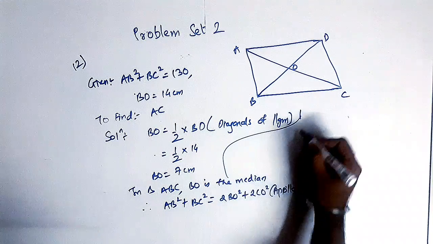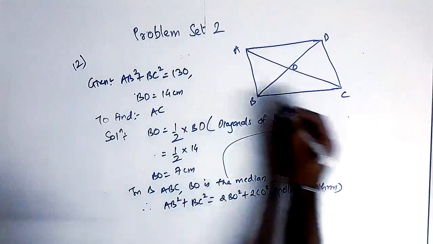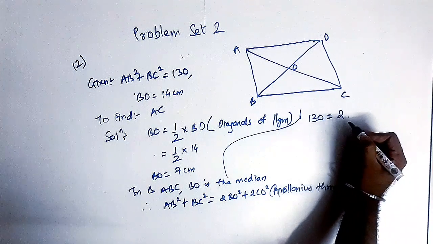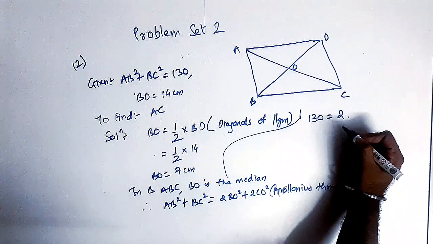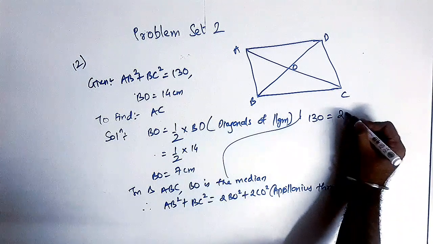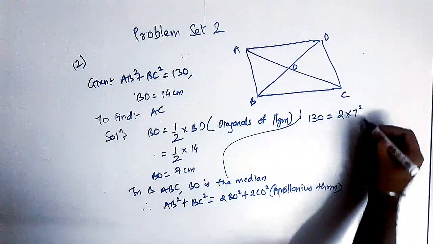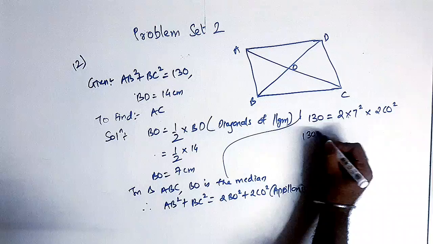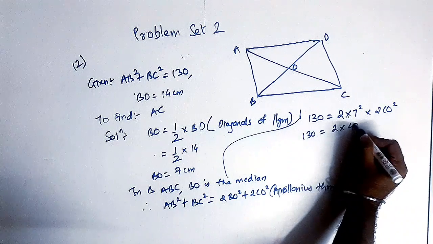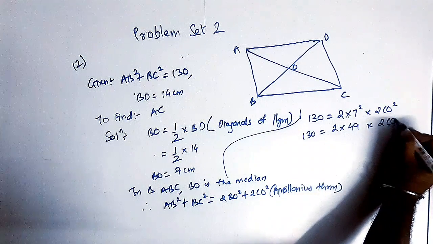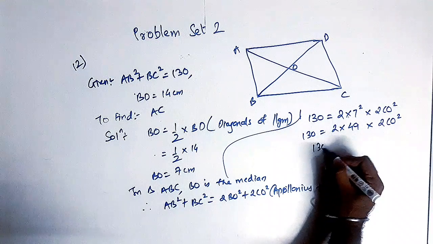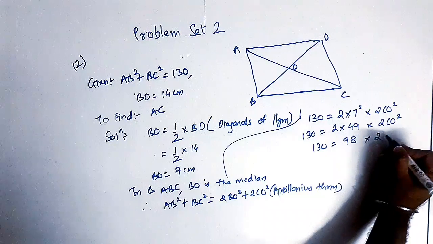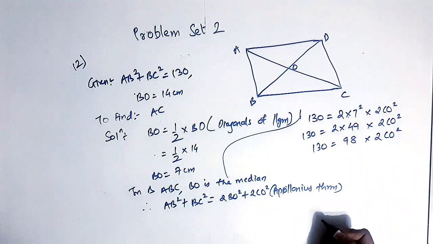Now AB square plus BC square is 130, equal to 2BO square, BO square is 7 square, plus 2CO square, that is what we want to find. So 130 is equal to, this becomes 49 times 2, which is 98, plus 2CO square.